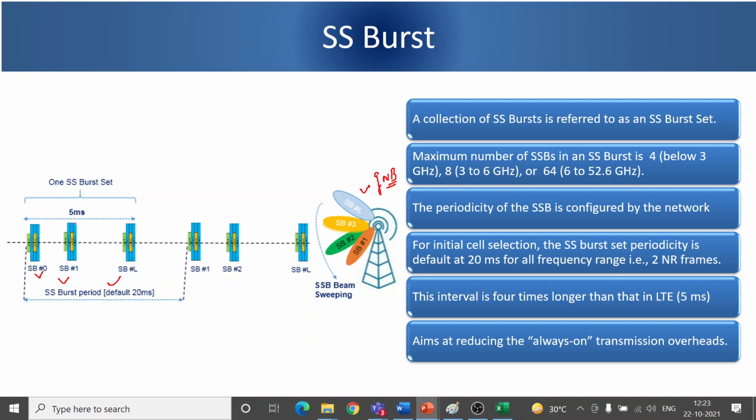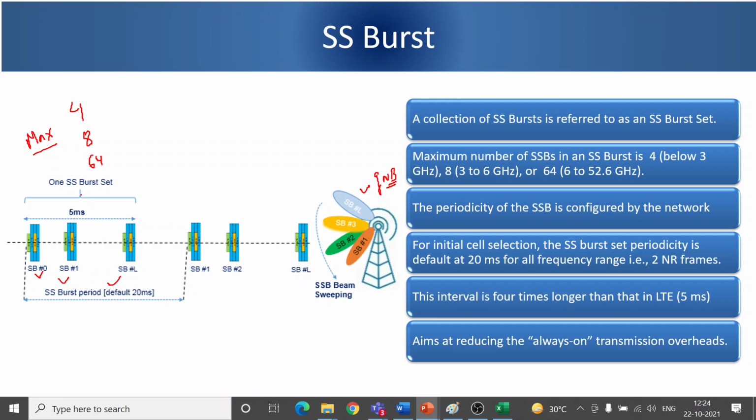Please remember, 5 milliseconds is your half frame; 10 milliseconds is your frame. So in a half frame all the synchronization signals will be transmitted, right? It will be 4 in case of less than 3 gigahertz, 8 in 3 to 6 gigahertz, and 64 maximum. This is the max number. It can be less than that but not more than that, right?